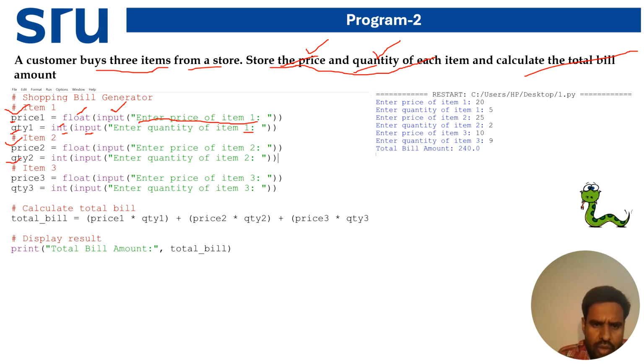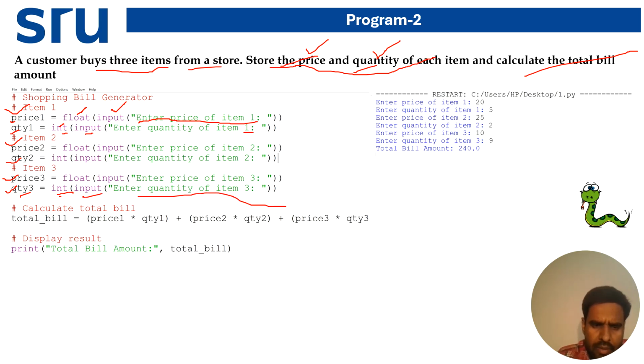Quantity2, how many quantity? int input, int means integer data type, input "enter the quantity of item 2". Then price3, the third variable, and quantity3. Price3 means float, input "enter the price of item 3". Now quantity3, int input "enter the quantity of item 3".